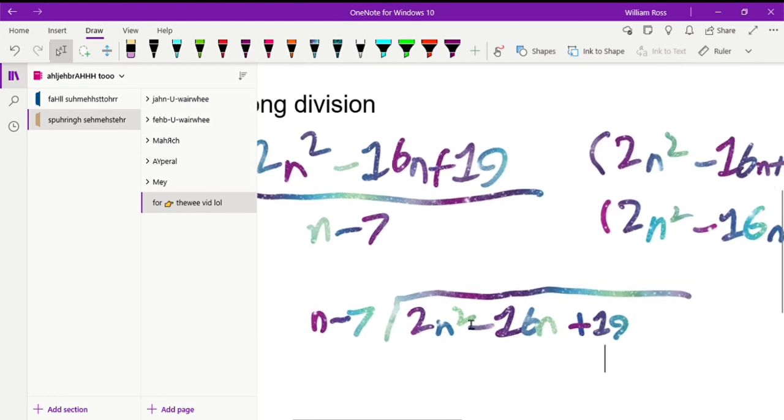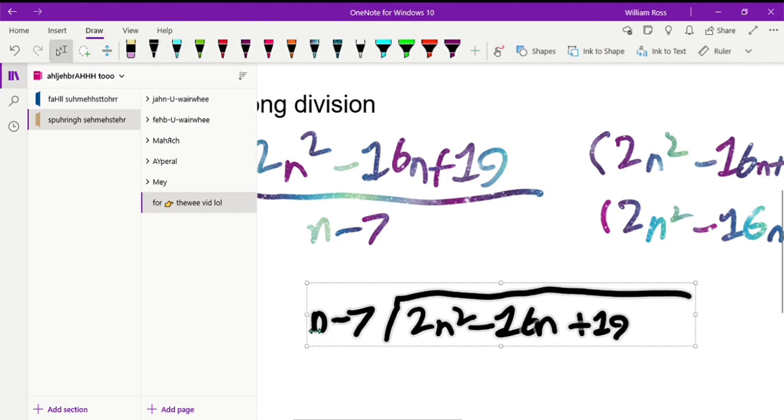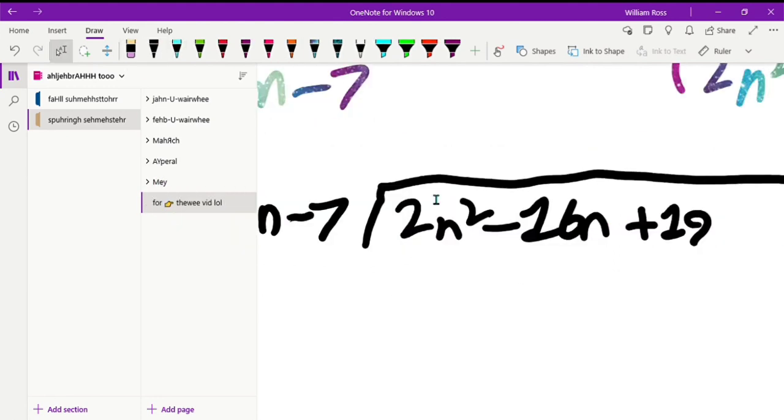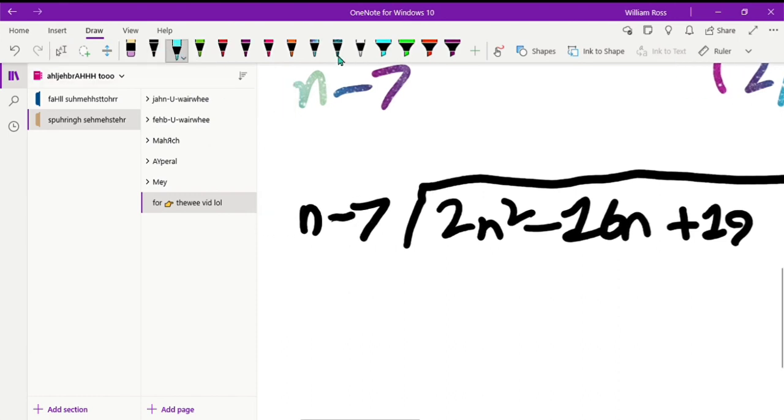Okay, let's bring this back to black because I'm going to color code every single thing just to make things look a bit easier. So first, what you want to do here is see how many times this goes into that. Same principles here, except it would be the first term, which is n, and n squared.